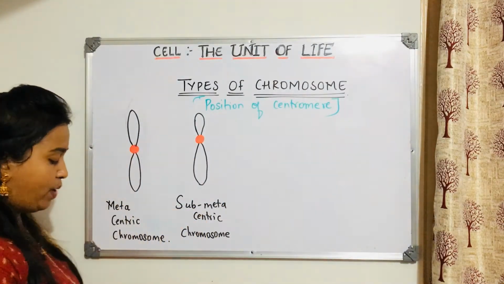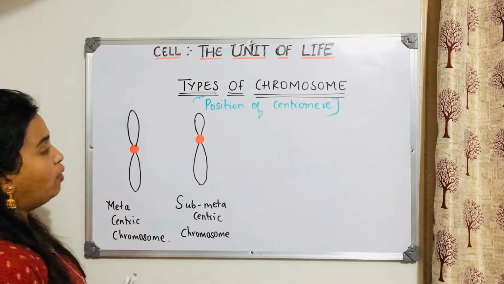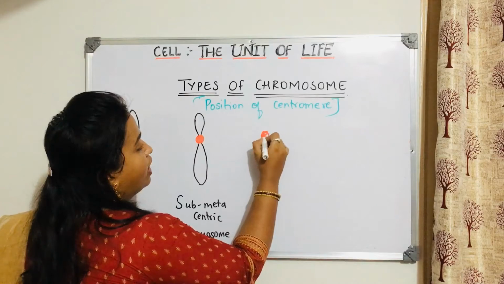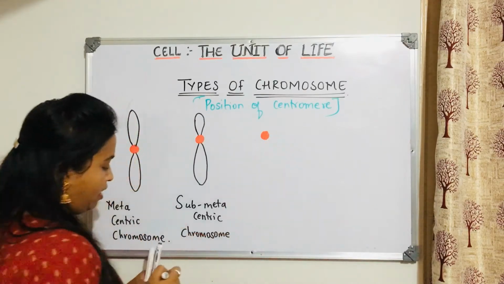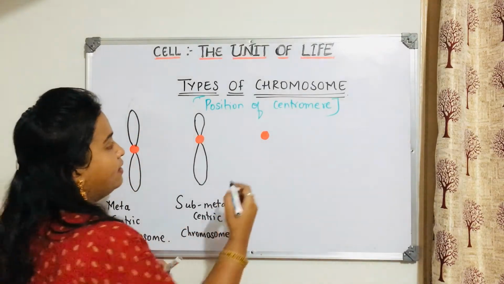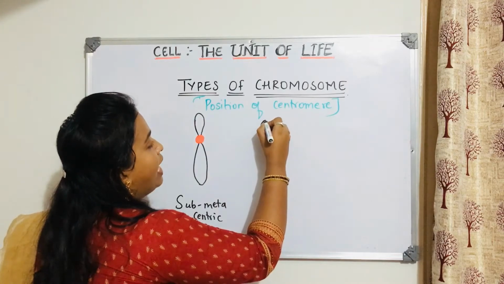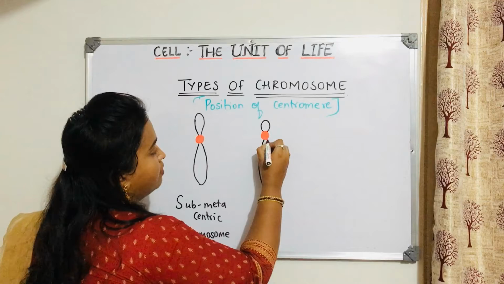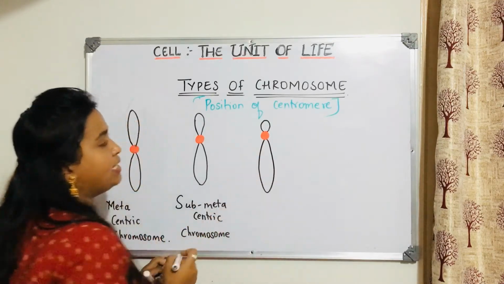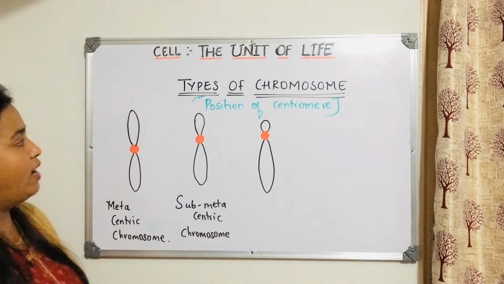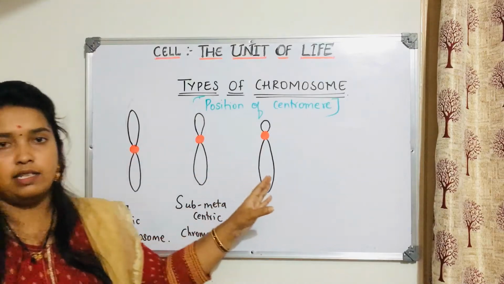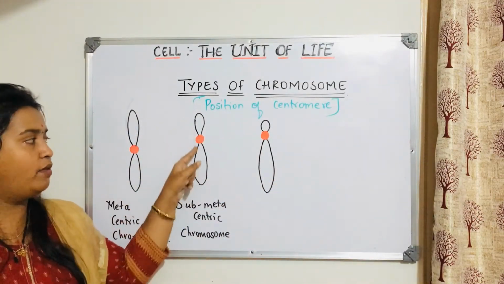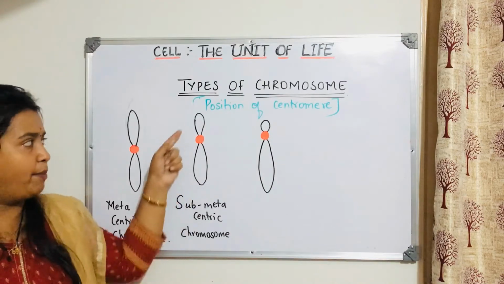Then next one. Now the centromere is present somewhere, okay, in this region, wherein you can see that it is almost towards the end, like this. What you can see here? I don't have space properly, so I think you can understand here. Here two arms are equal in size. Here one is small, one is slightly longer compared to this.